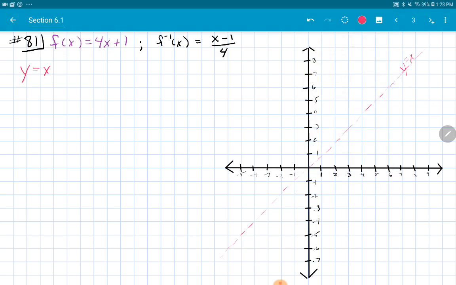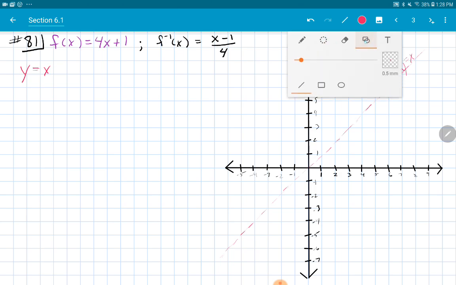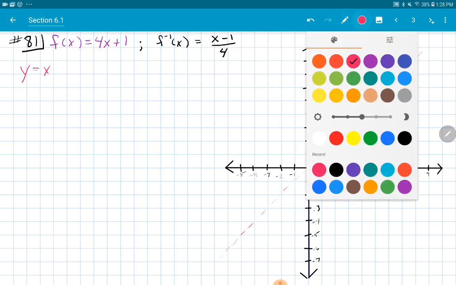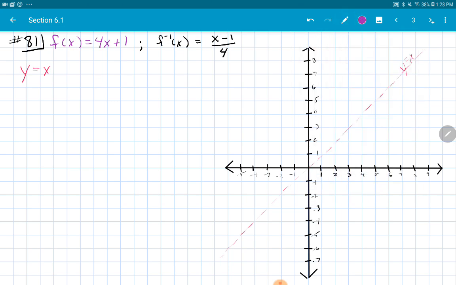purple. This is linear, and it looks like it's been shifted up 1 unit and magnified by 4. I'm going to do a little XY table, so x and f of x, to plot some points here.